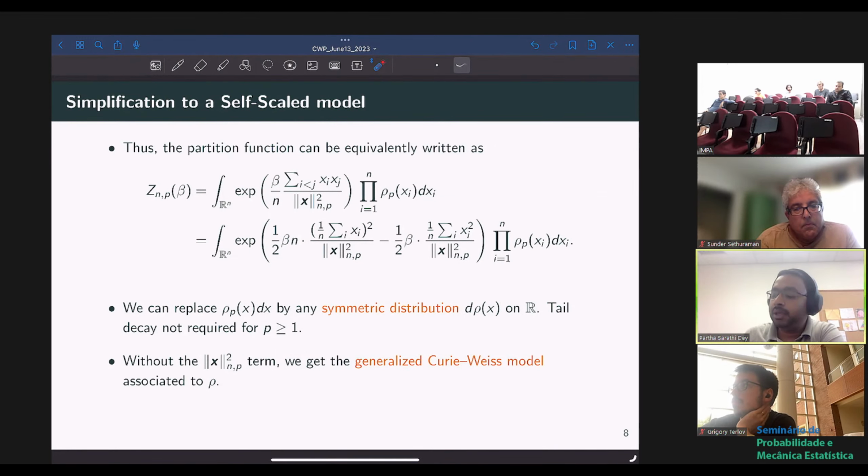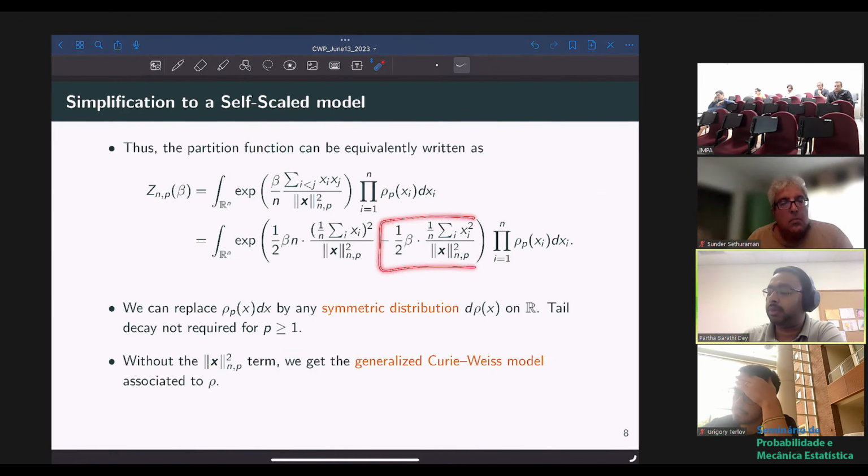Also, if p is bigger than or equal to 1, we don't even need any moment assumption. Rho_p can have infinite mean because of this self-scaled behavior. This is always scaled, so this quantity is always bounded and this quantity is always negative. For example, if p is bigger than or equal to 2, both of these are bounded. If p is bigger than or equal to 1, then this is of course bounded, and this also stays bounded.